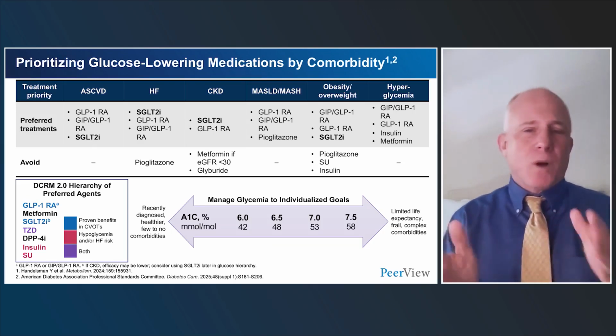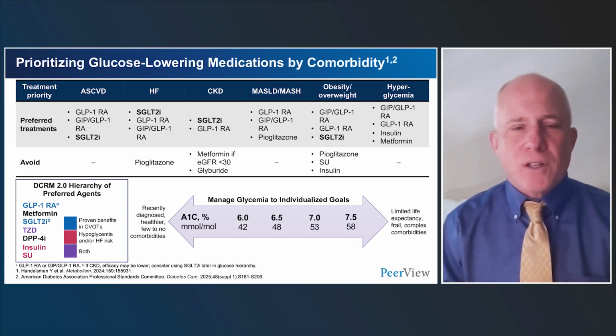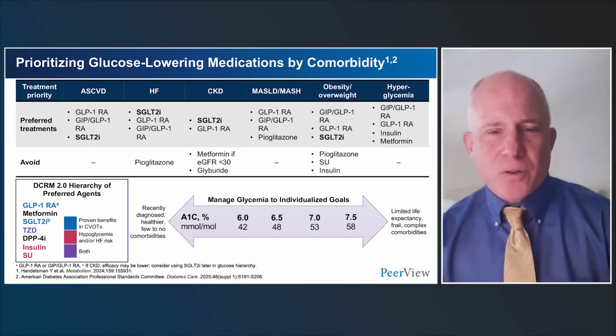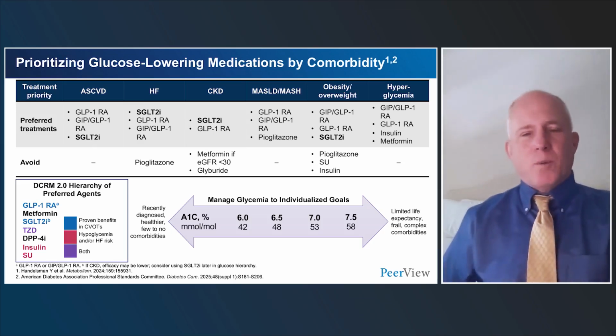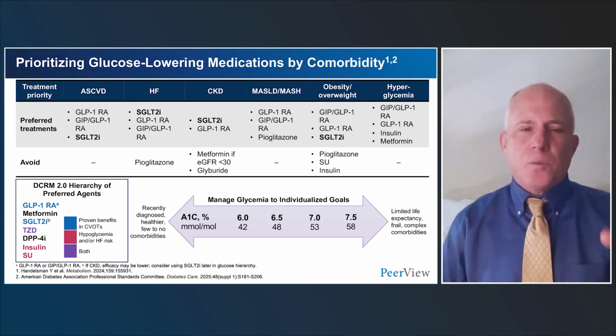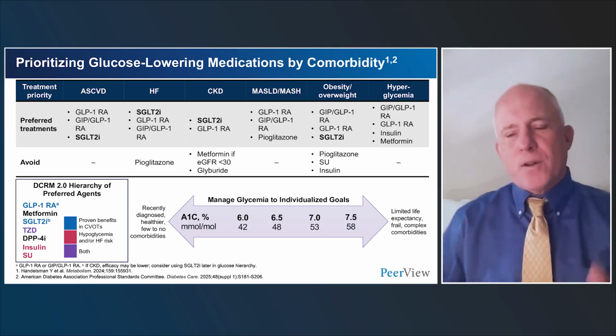But then you also have GLP-1s that are often placed across the different conditions as well. You also will see a hierarchy of intensity of treatments based upon the current weight and what the goal is, or the current A1C and what the goal is. And so often you're going to choose more potent agents when they're further from their goal.